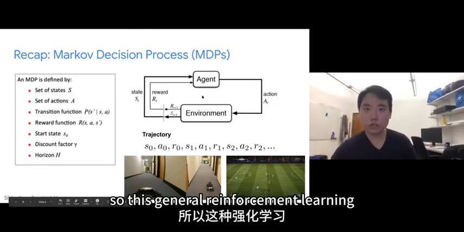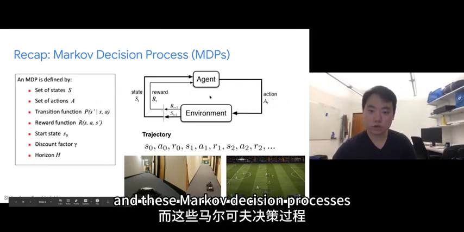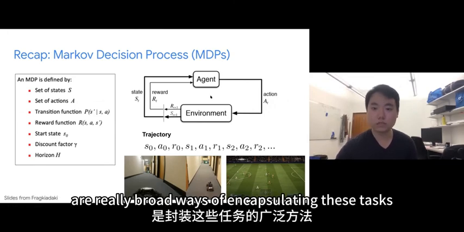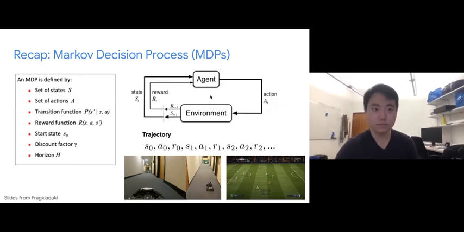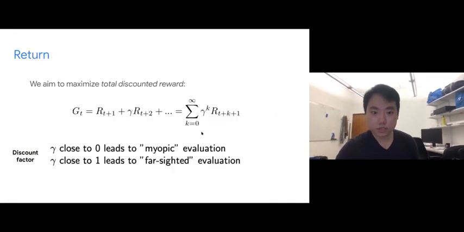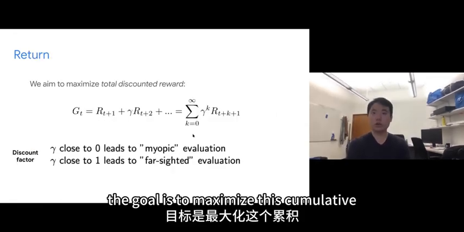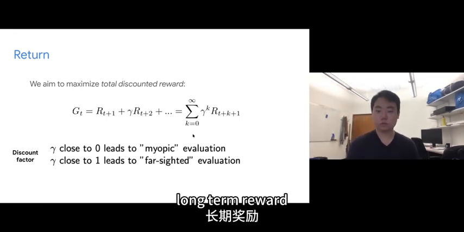So this general reinforcement learning and these Markov decision processes are really broad ways of encapsulating these tasks.